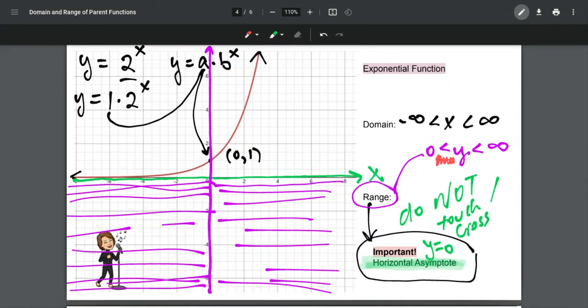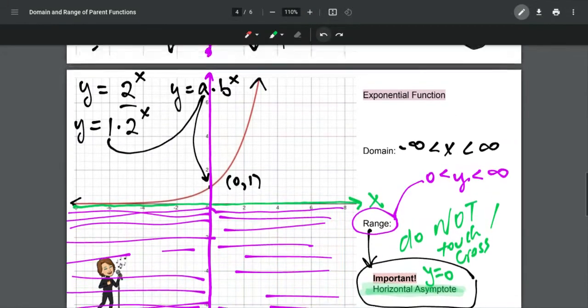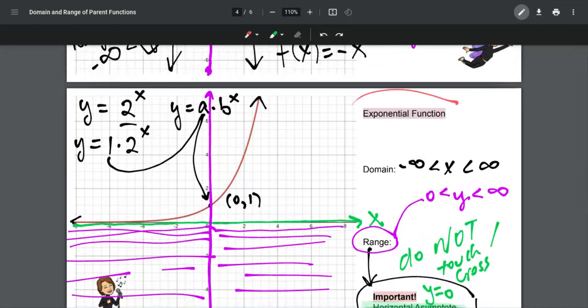Because if you say y can be 0, then you don't understand the idea of the horizontal asymptote. And that cannot happen. All exponential functions will have a horizontal asymptote, okay?